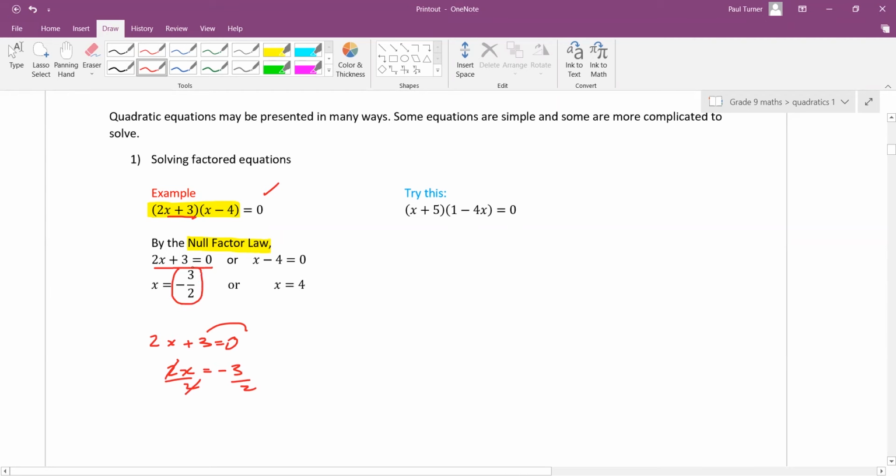So that's your first solution. And you can substitute that back here and check your answer. When you put it in here, you'll get 0 for this part. So you'll get a 0 answer. And the same for this one. Let this equal 0. Just put your 4 on the other side. The minus 4 will become 4. Okay, so that's your other solution here.